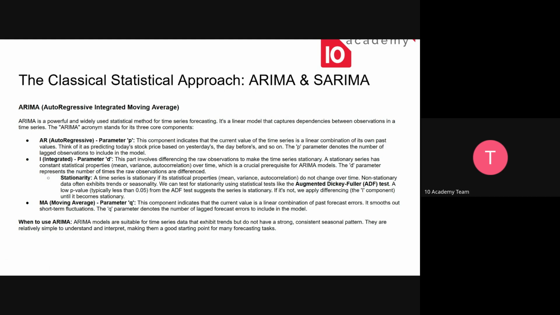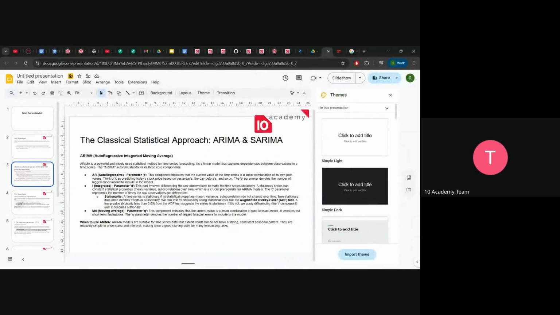If the data exhibits trends but does not have strong consistent seasonal patterns, then we can apply ARIMA. So for time series data that have a trend behavior, ARIMA models are going to be the preferred models. Okay.